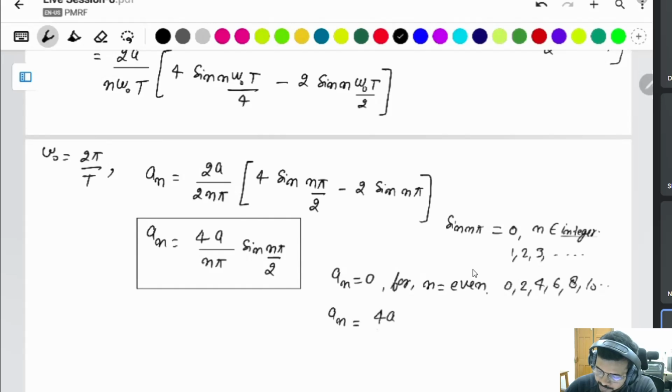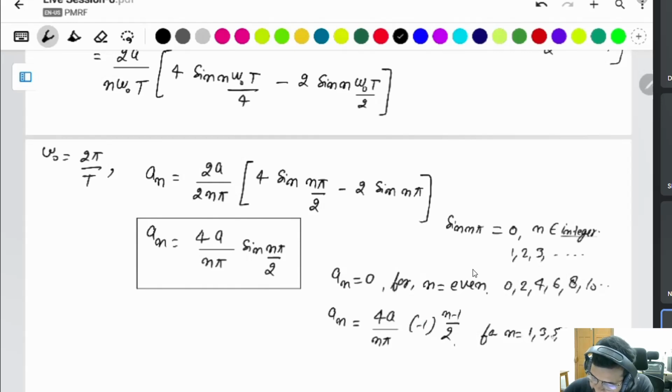This will be 4A divided by n pi, times minus 1 to the power (n minus 1) by 2, for n an odd number like 1, 3, 5, 7. If putting value 1, then what happened? Sine pi by 2 is 1. Same thing, put here n equal to 1, 1 minus 1 is 0, so minus 1 power 0 is 1.